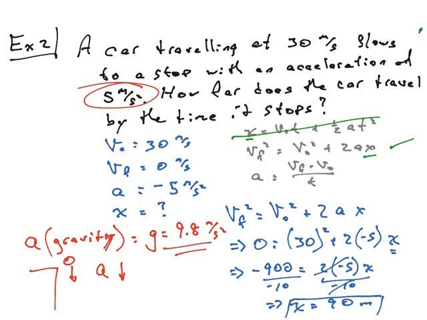But for gravity on Earth, you have to memorize that the acceleration when gravity is involved in the y direction is downwards 9.8. Okay? So very important. Get used to that. Memorize it. Don't ever forget 9.8. And a lot of times it's going to be negative 9.8 because it points downwards.